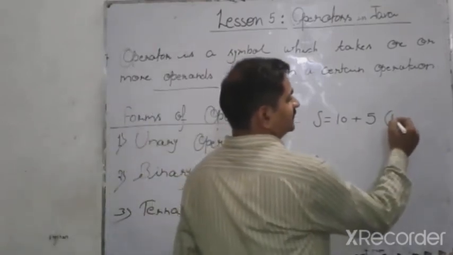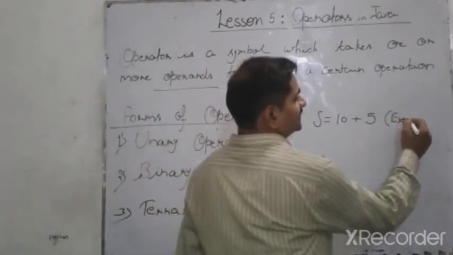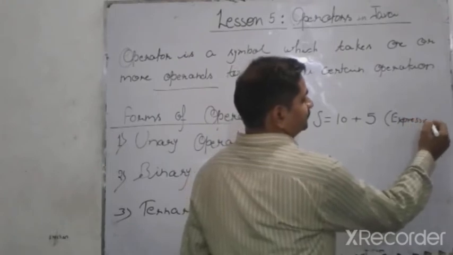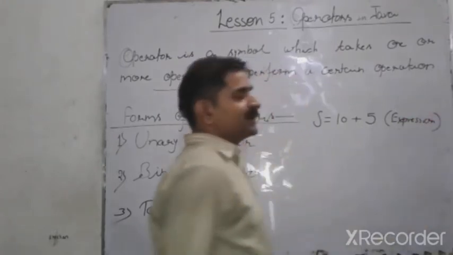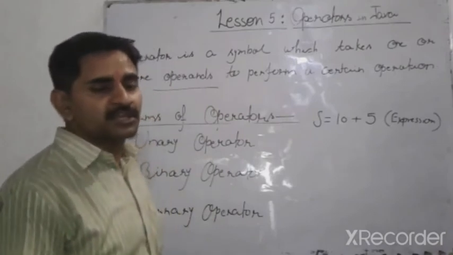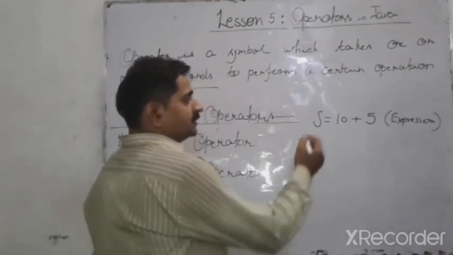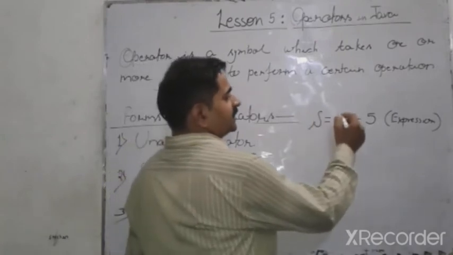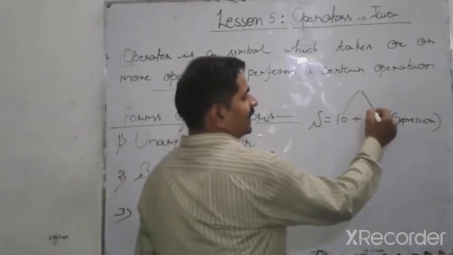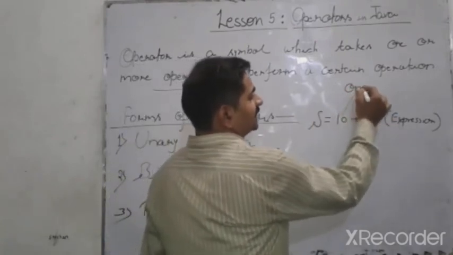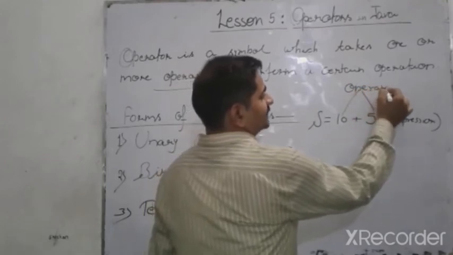This statement is known as an expression. An expression is the combination of operator and operands. So in this expression, 10 and 5 both are operands.